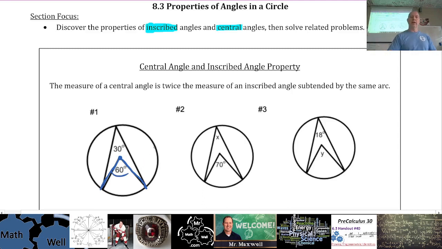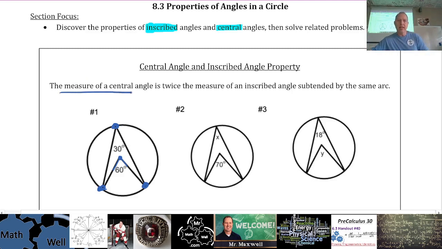Now, an inscribed angle is an angle where the endpoints of the rays are on the circle, and the vertex is also on the circle. So all points of the angle made by the two segments are on the circle. It's drawn completely in the circle. So, inscribed.